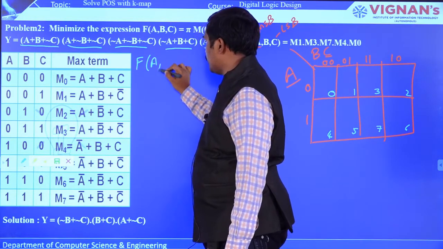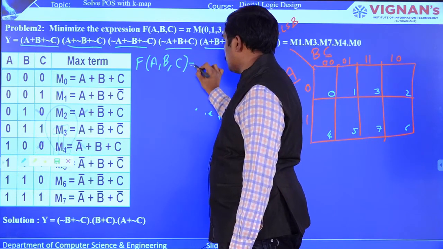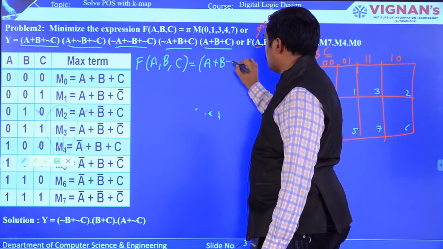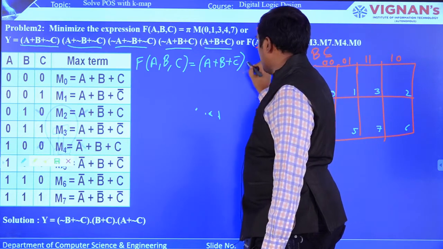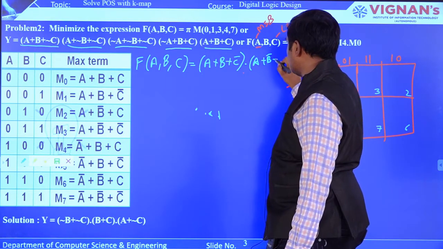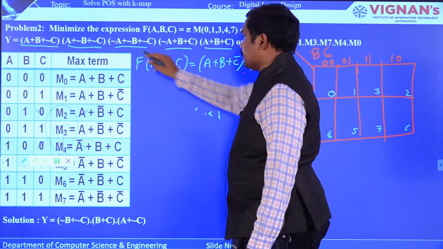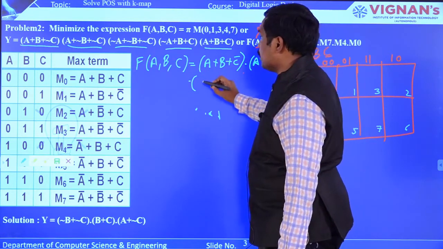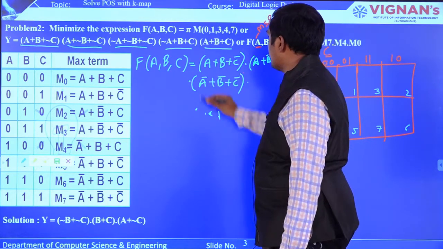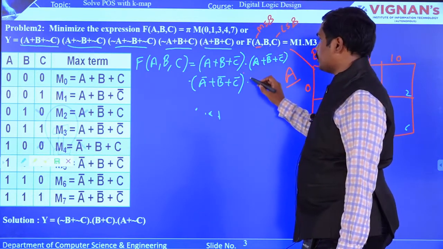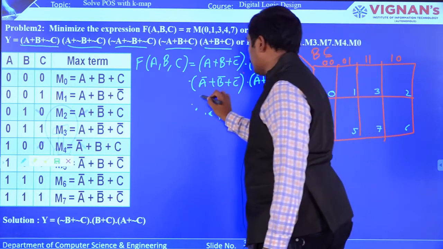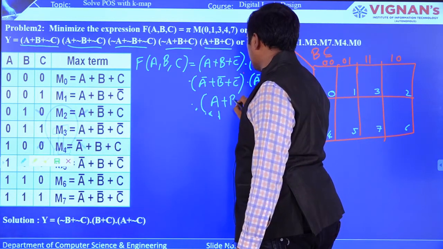That is f of A comma B comma C is equal to, because 3 Boolean variables are there, A plus B plus C bar into the second max term, that is A plus B bar plus C bar into the third max term, A bar plus B bar plus C bar dot, this is the fourth max term, A bar plus B plus C into the last term, A plus B plus C.